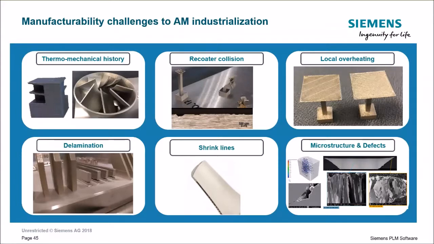This leads to deformation, and this deformation can be so high that the recoater of the printer can collide with the part, destroying the part, stopping the printing process, or even damaging the machine. Local overheating would lead to bad surfaces, as you can see here at the edges and tips of this specimen.